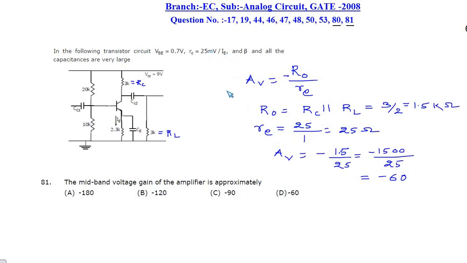IE is the DC current, that is 1 milliampere, which we have found. So the re value will be 25 ohm. Hence the voltage gain will be equal to minus 1.5K divided by 25, which will give minus 60 as the mid-band voltage gain. Among the options, B is the correct answer.